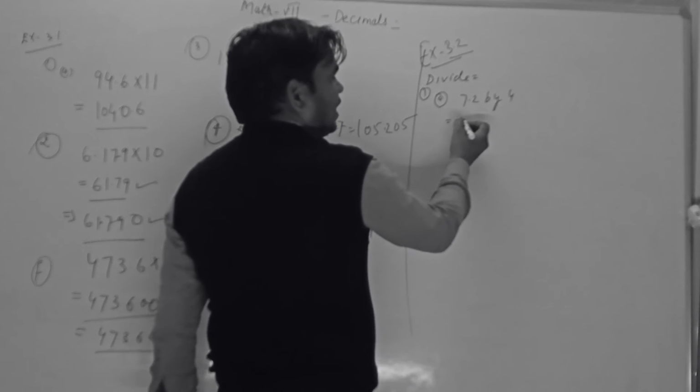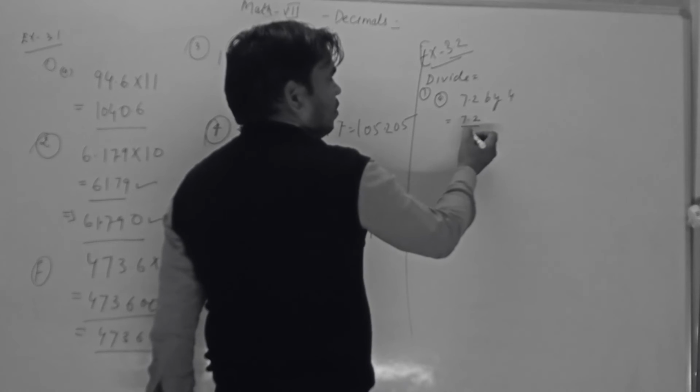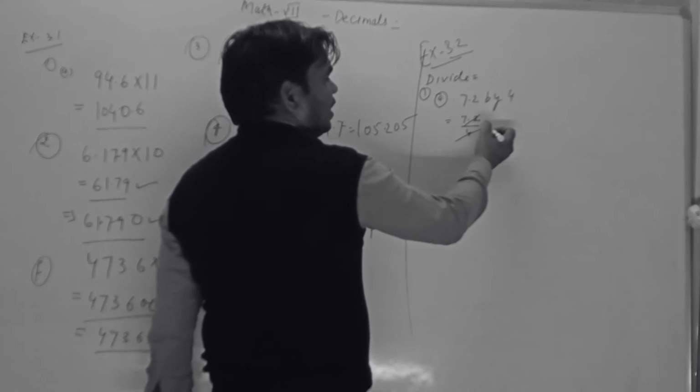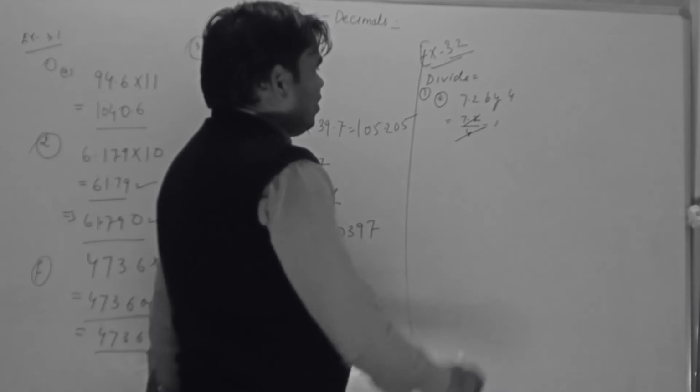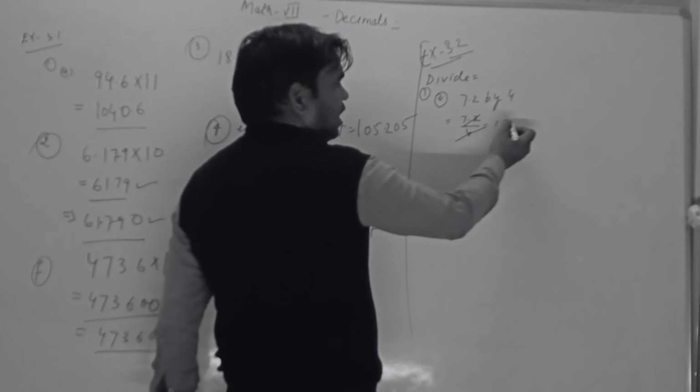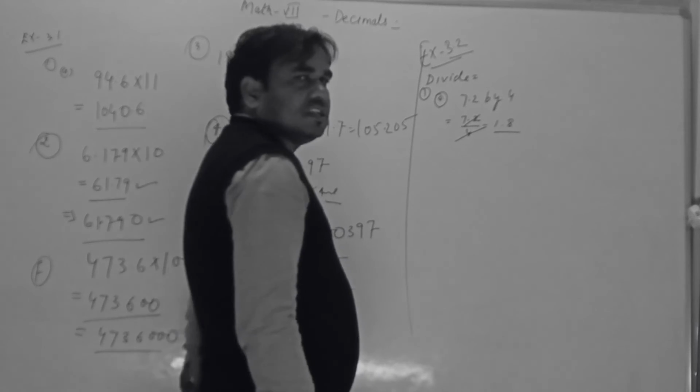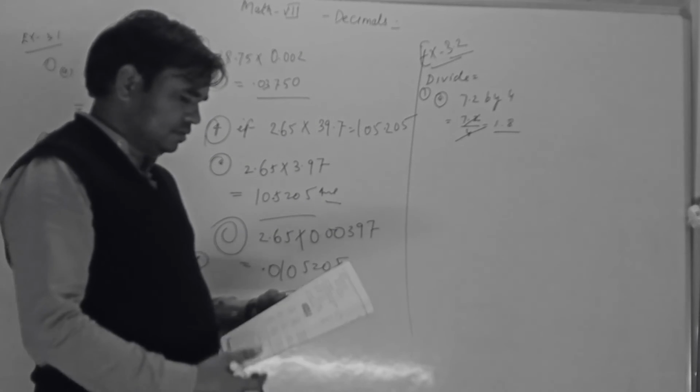So we can write this as 7.2 over 4. It means 4 into 7 is 1, and we put the decimal here, and 4 8 32. So this is the answer, 1.8.